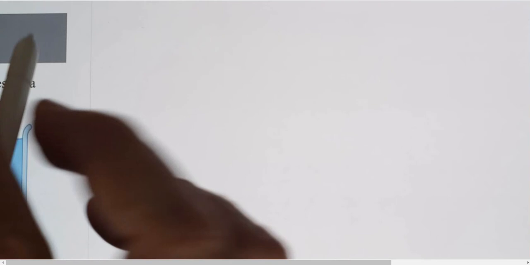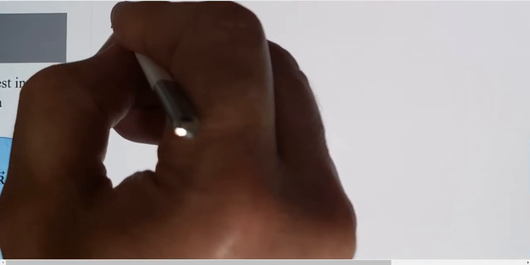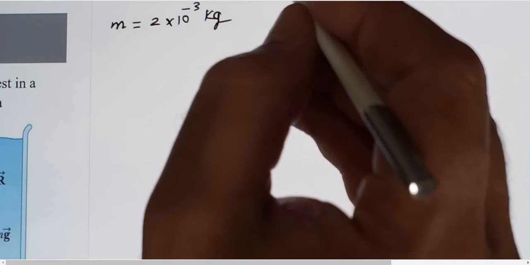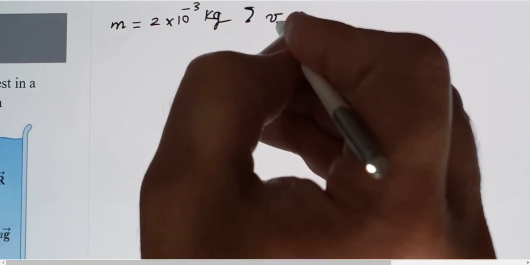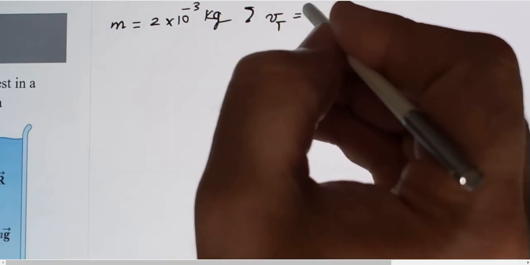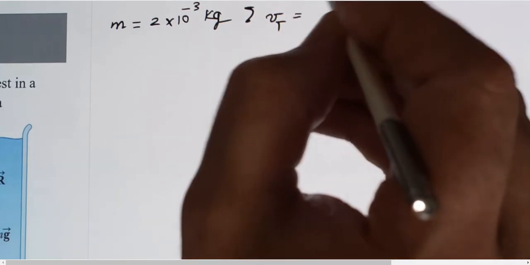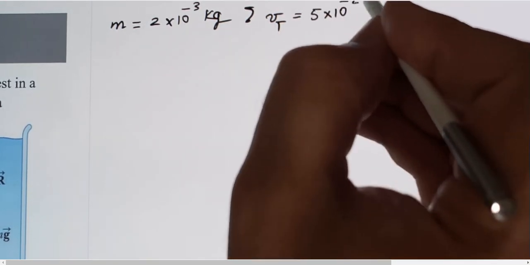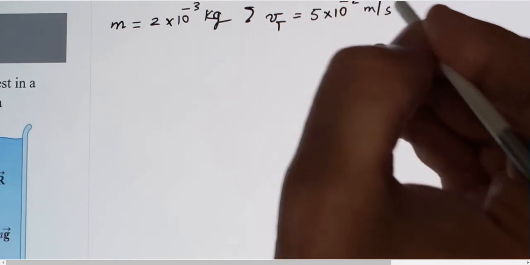Okay, let's write the values. Well, mass is equal to 2 times 10 to minus 3 kilogram. Terminal velocity, or terminal velocity magnitude, is 5 times 10 to minus 2 meter per second. That's the magnitude.